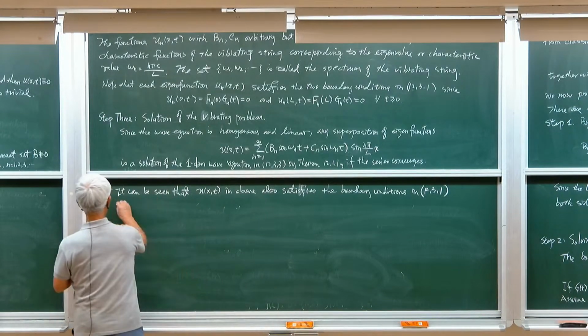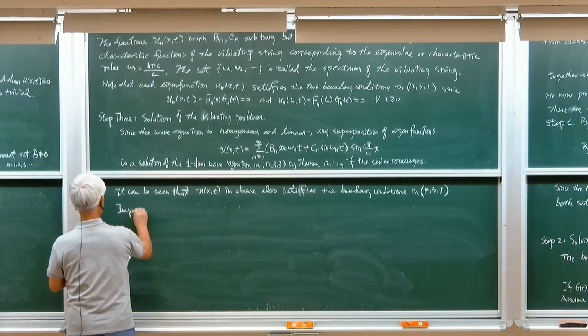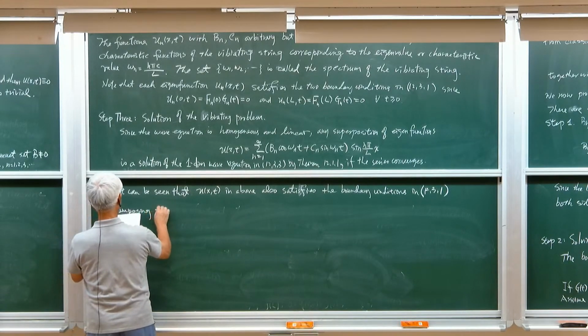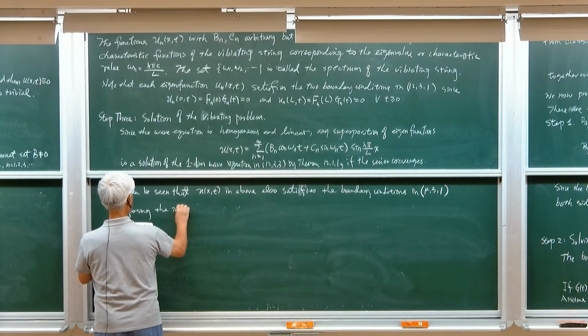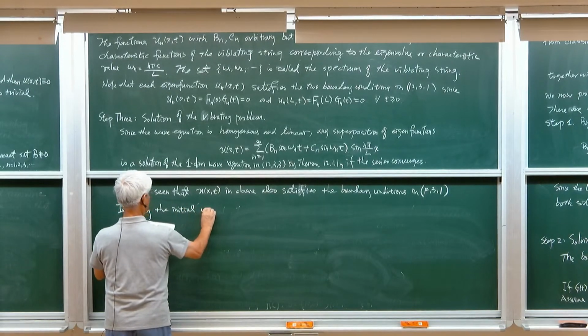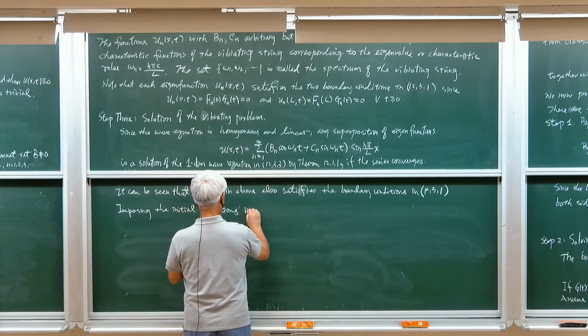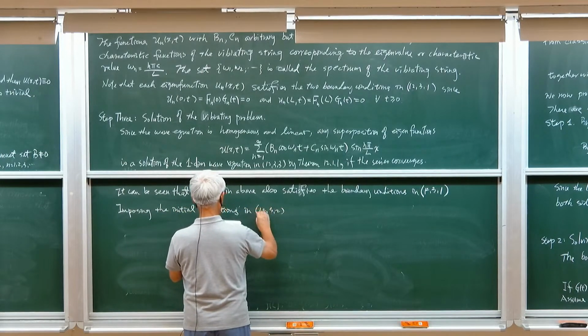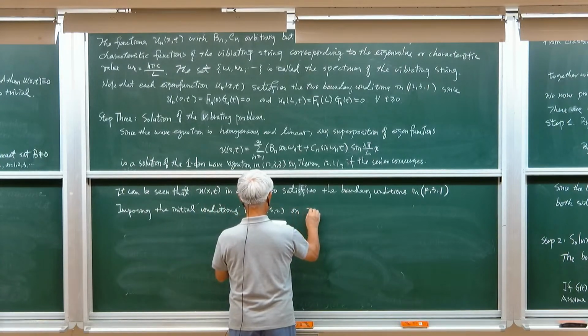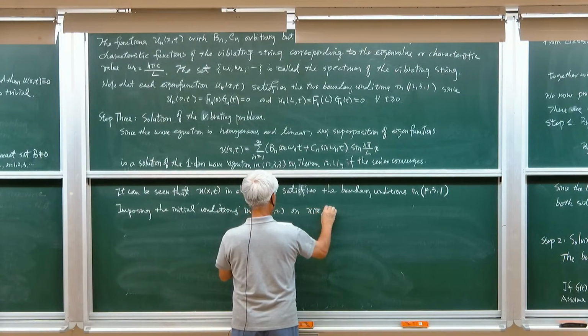Okay, and so now we're imposing the initial conditions in 12.3.2 on the u(x,t).